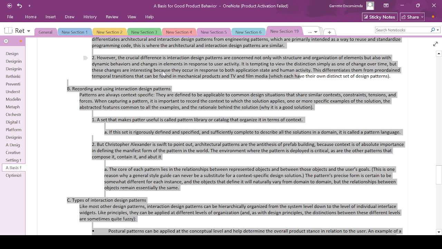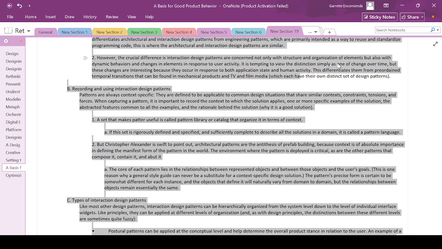However, the crucial difference is that interaction design patterns are concerned not only with the structure and organization of elements, but also with dynamic behavior and changes in elements in response to user activity. So this organization of elements, as discussed in the previous scenario, could change based on the reiteration of our context scenario and how we can best achieve our user goals, depending on the new information we got.